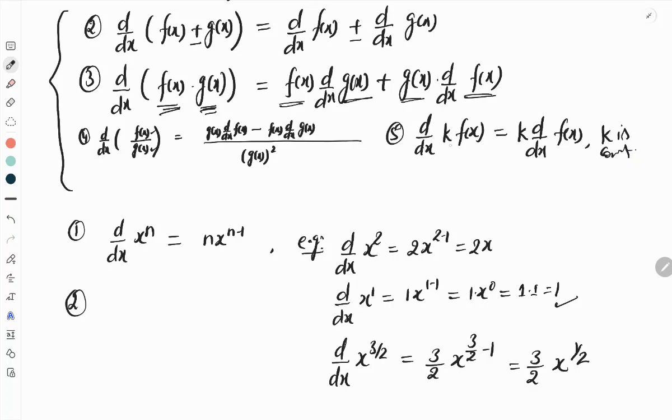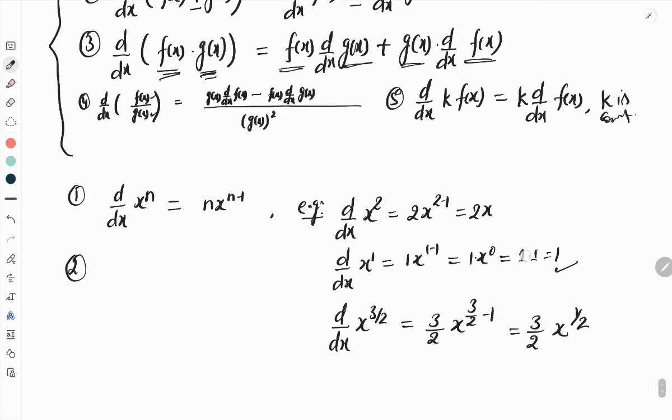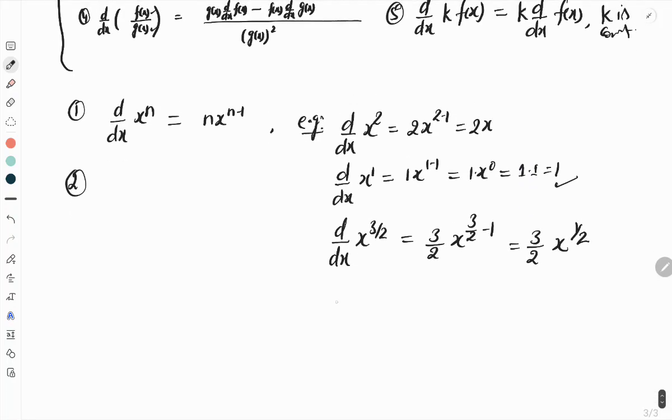So if k is constant, then k will be outside and we have to take the derivative only of f(x). Like one example we can take: let's say you have to find the derivative of 5x. Then 5 will be outside, and the derivative of only x is 1, so 5 into 1 equals 5.